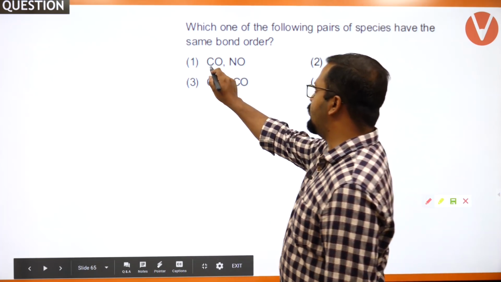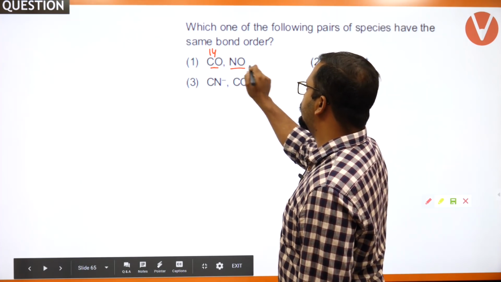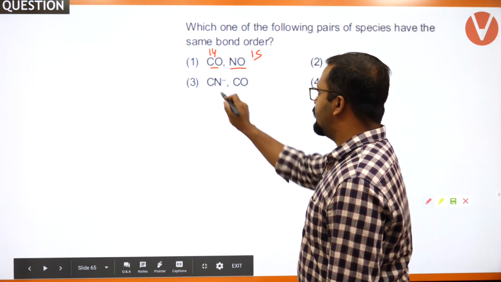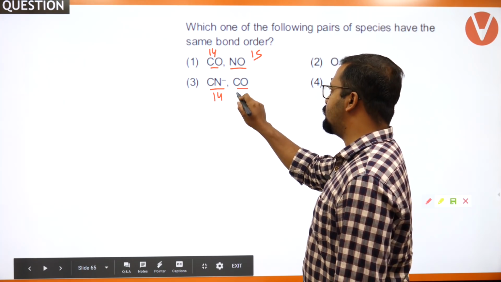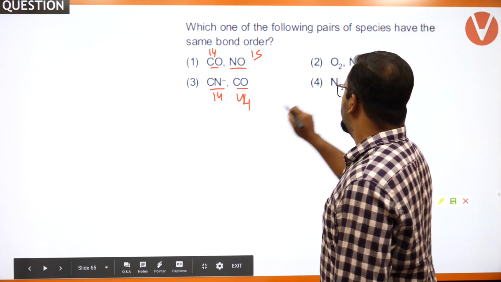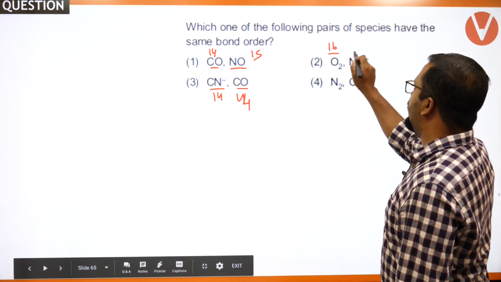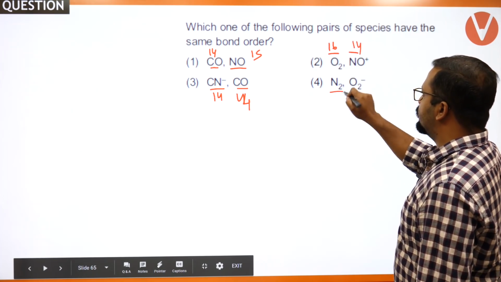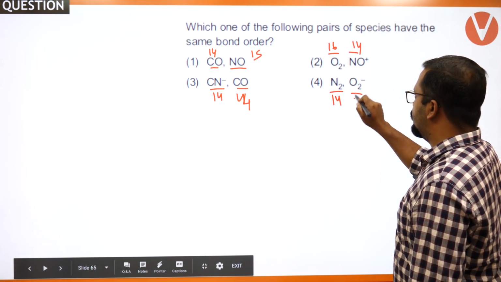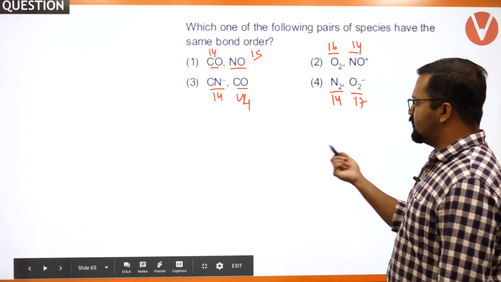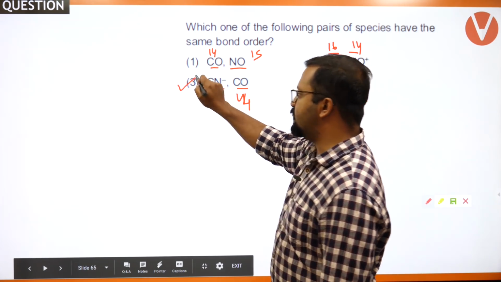So CO is 14, NO is 15. CN minus is 14, CO is 14. O2 is 16, NO plus is 14. 14, O2 16, 17. Same number of electrons, same bond order. Right answer should be 3.